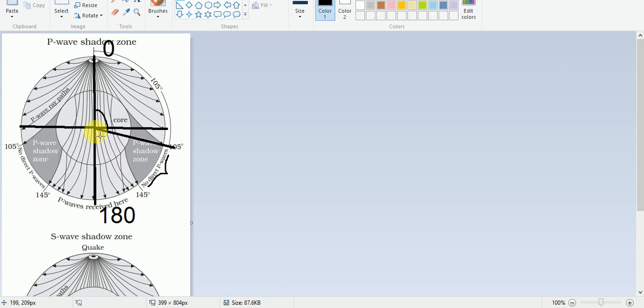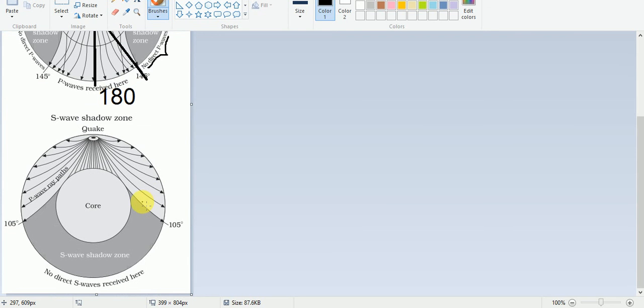Then another one here, the angle found here is 145 degrees. So between 105 and 145 degrees we don't find any P waves, and hence this zone is known as shadow zone of P waves. And likewise beyond 105 we don't find any S wave, and hence this zone is known as shadow zone of S wave.